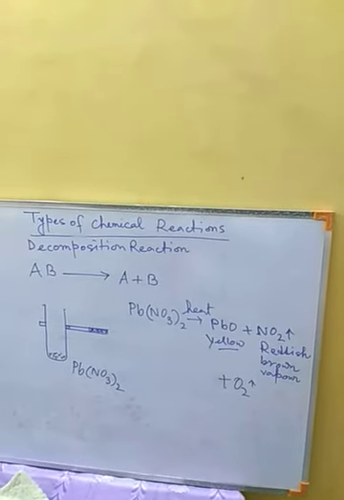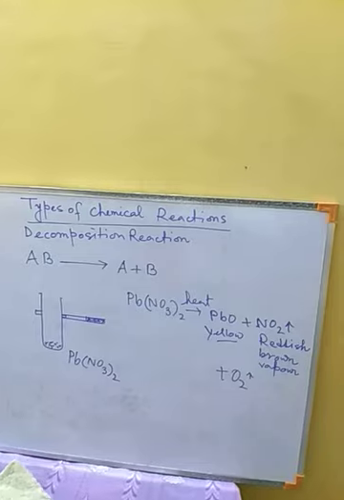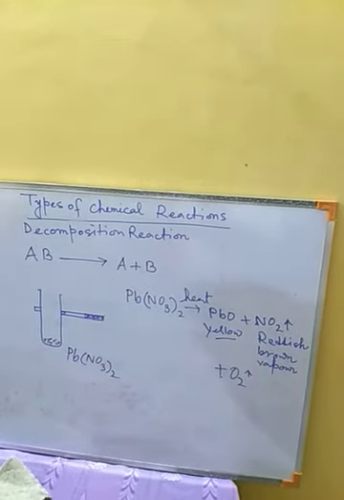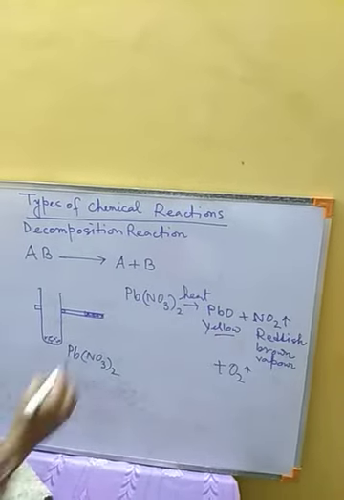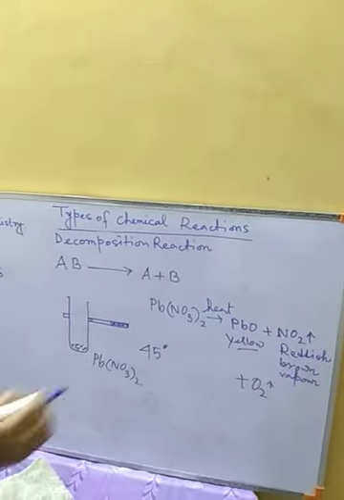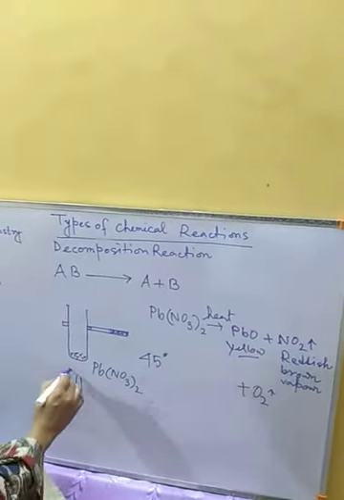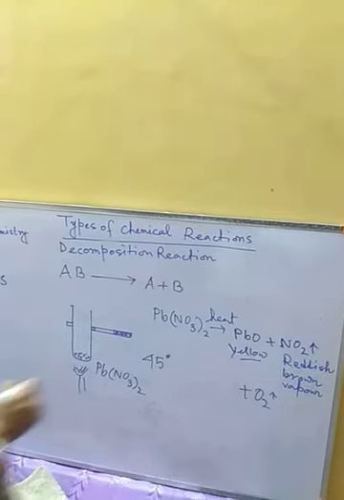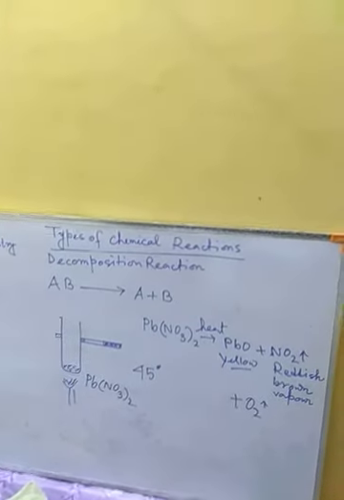We will keep it a little bit inclined, near about at a 45-degree angle, on this Bunsen burner, and we are going to heat this.